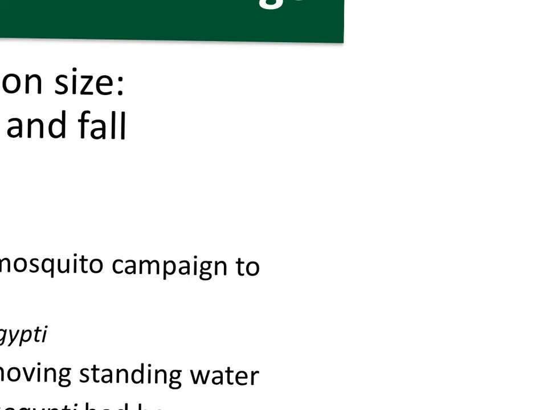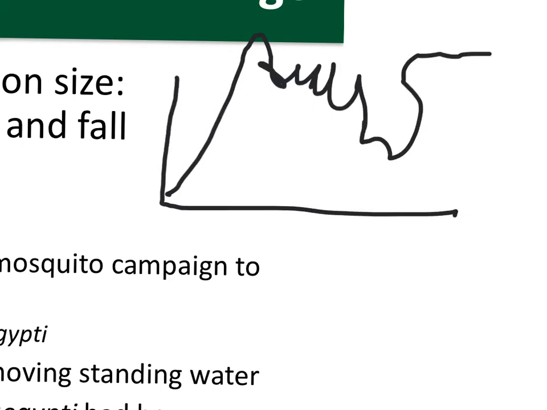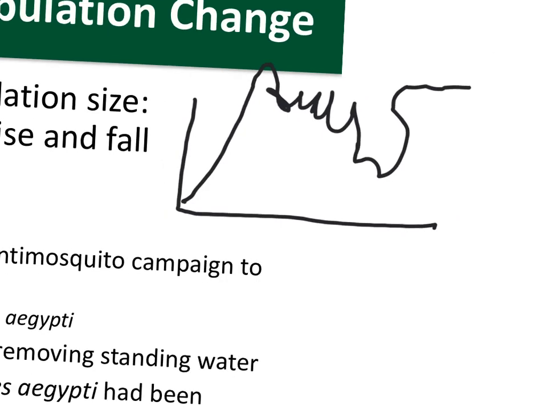Sometimes, especially with insects and rodents that have a great ability to produce more individuals than can possibly survive, you get a situation where you go up really high and then it's all over the place, okay? So you can have an irregular kind of population size that doesn't really seem to track what's going on in terms of carrying capacity.